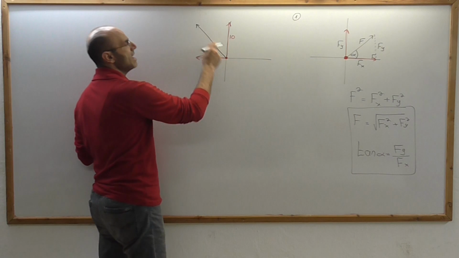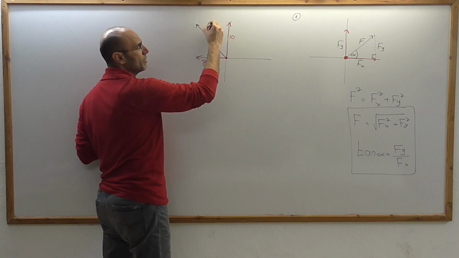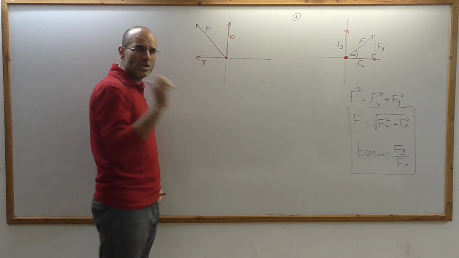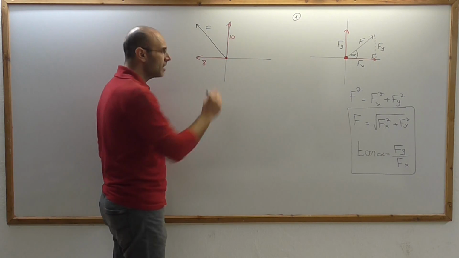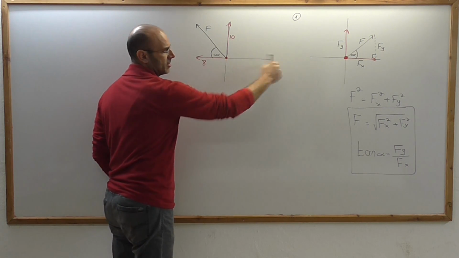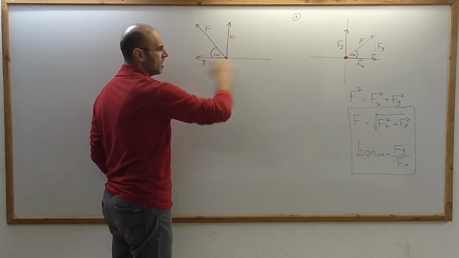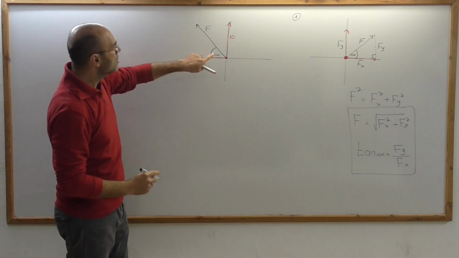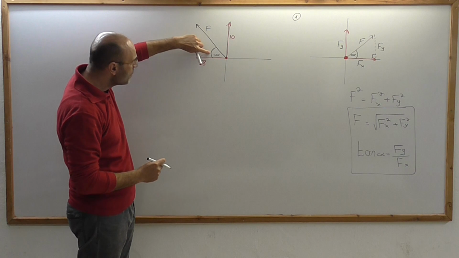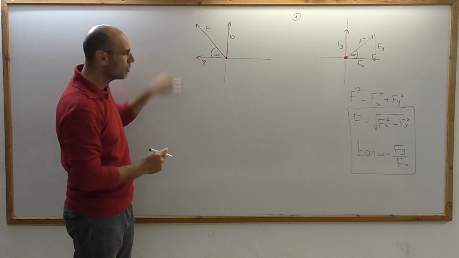I want to know the length, the magnitude of this vector, let's call it F, and the direction. Always choose the direction, if you can, as the angle with the x pole, okay? So I can call this alpha also, but always use the alpha next to the x pole.